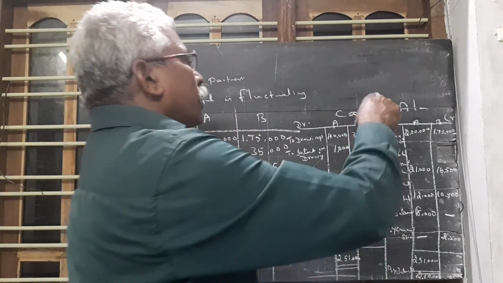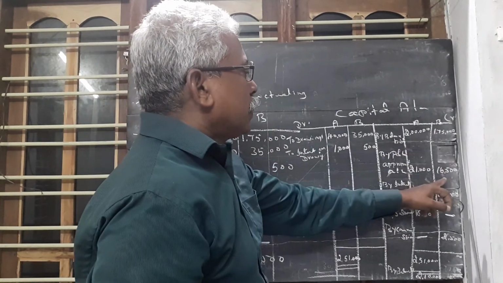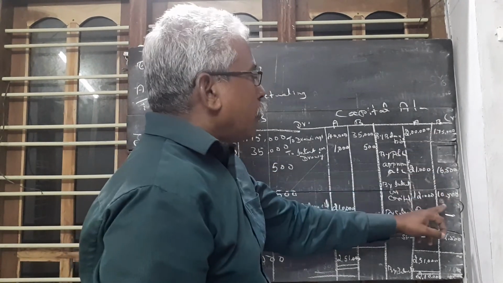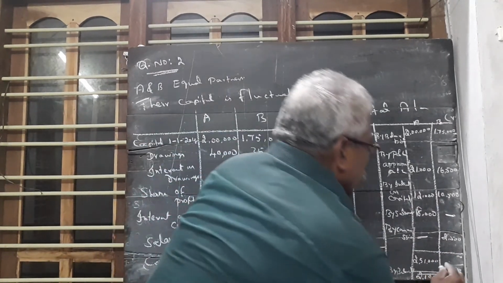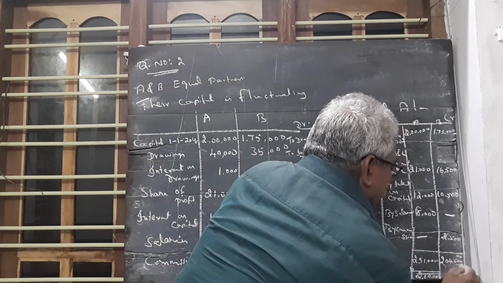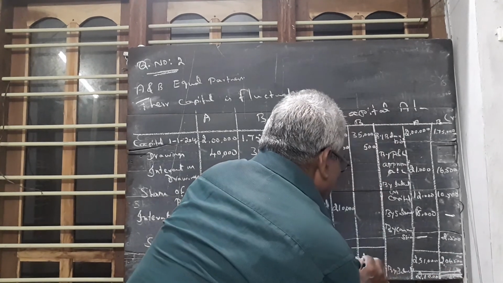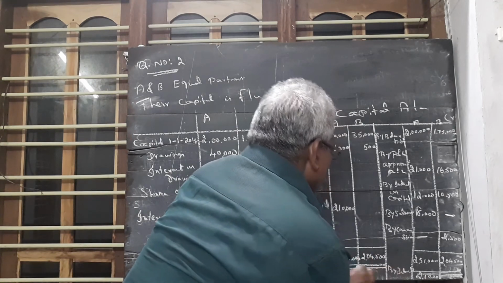Then we total B's column also: 1,75,000 plus 16,500 plus 10,500 plus 2,500 is equal to 2,04,500. 2,04,500, after two lines.